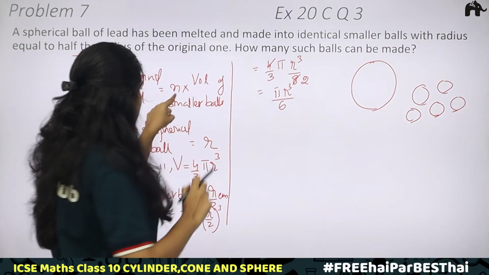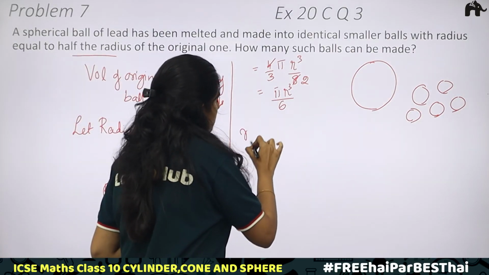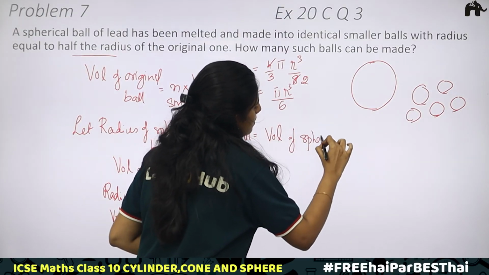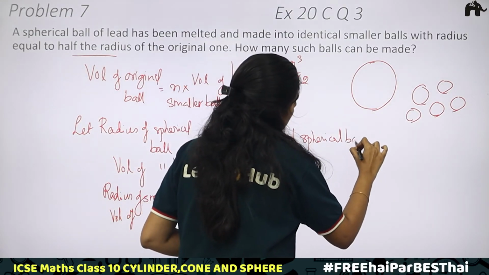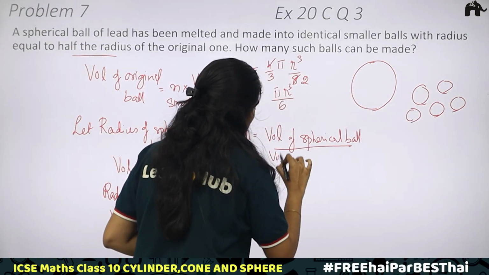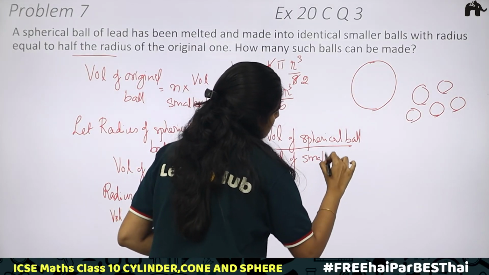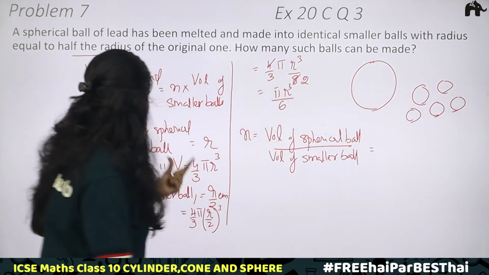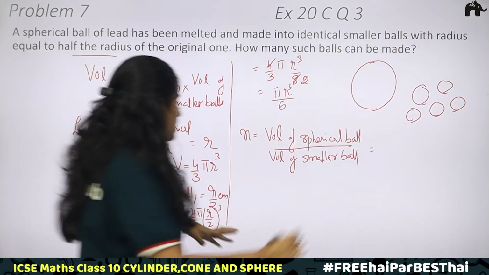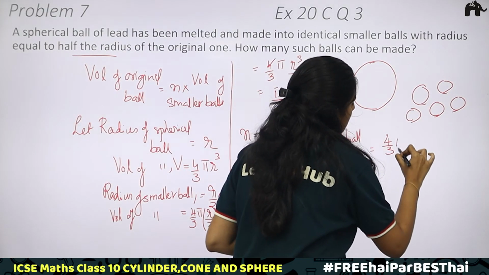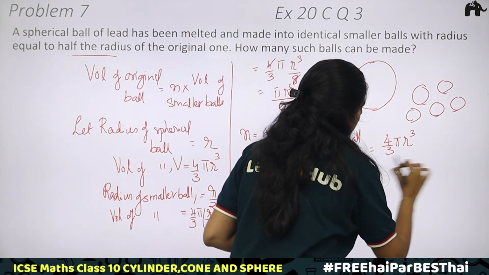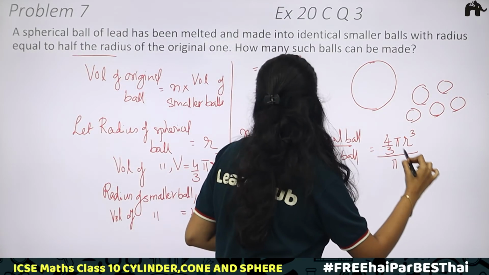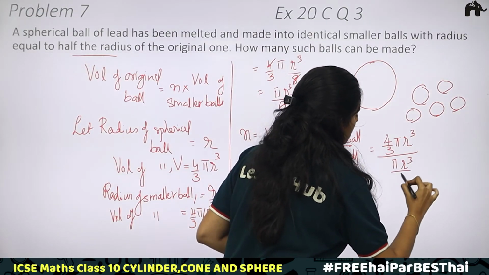Now, we need to find the value of n. Number of balls n will be equal to volume of spherical ball divided by volume of smaller ball. Here the volume of the spherical ball is equal to 4 by 3 pi r cube. Okay. Here we have pi r cube divided by 6.